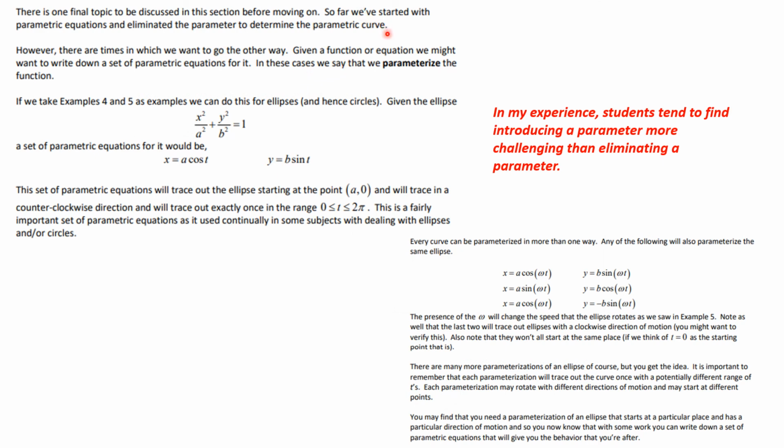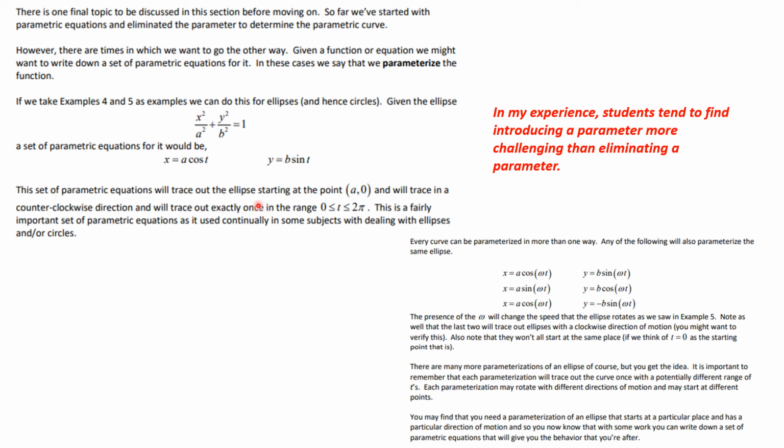Okay, one more topic that I want to talk about in this section. We talked about eliminating a parameter. Sometimes you have to introduce a parameter, and in this case, as we say, we parameterize the curve. Now, we've seen that if we had an ellipse, x squared over a squared plus y squared over b squared equals 1, you can use a parametric substitution to parameterize that curve as x equals a cosine t and y equals b sine t, and that will match up.